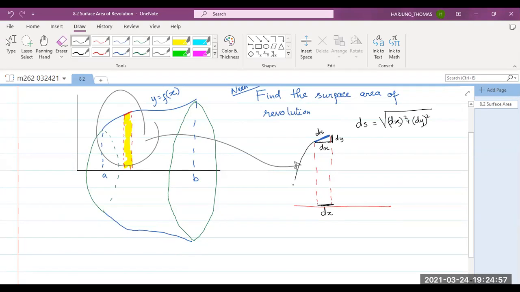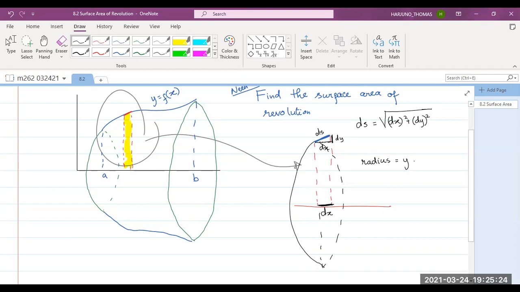We will rotate this around the x-axis. So what will the radius of this rotation be? The radius of this rotation will be y, right? Okay, the radius will be y.